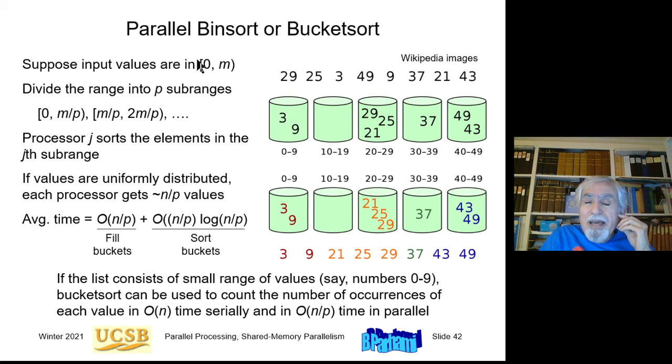Now, if the range of values is fairly small, this becomes even more efficient. For example, suppose I have a list that consists of numbers 0 to 9 only, nothing else. Then I scan the list and I have 10 counters corresponding to values 0 through 9.